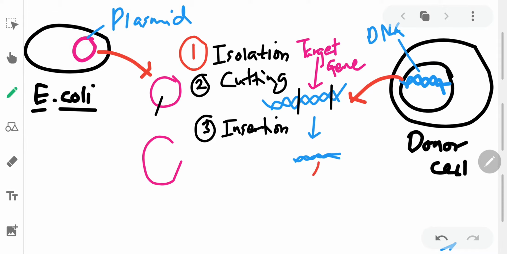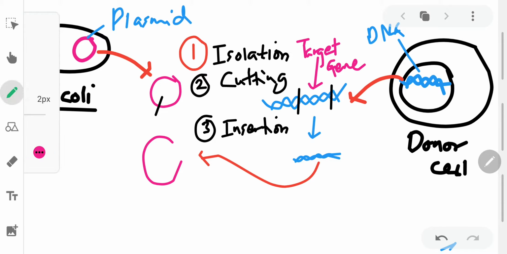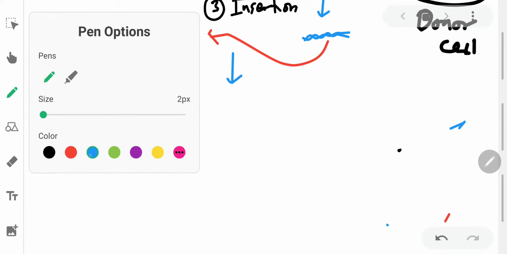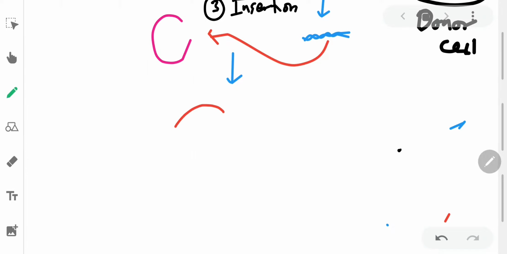You're going to insert this DNA here, so it will form a structure like this. Okay, we insert it like this. This is the plasmid and this is the DNA, target gene. It will form structure like this.